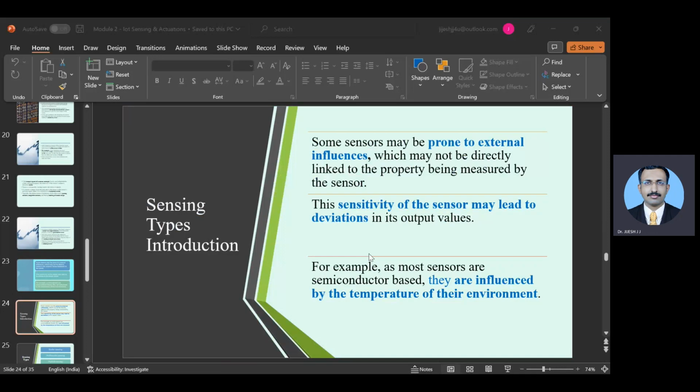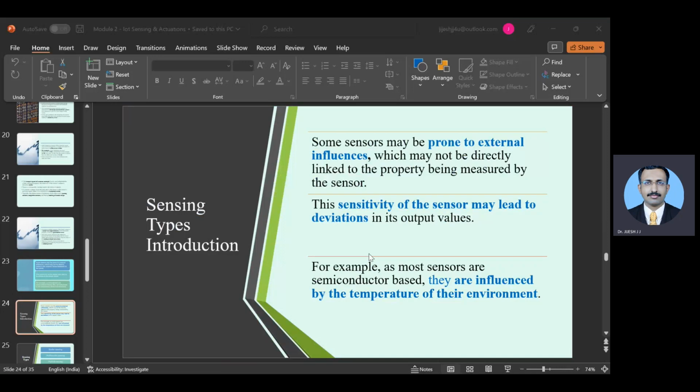When they are subjected to external factors like humidity or rain, or temperature variations, high temperature, all those things, the property of those devices might slightly change. So there are certain conditions you have to go through.